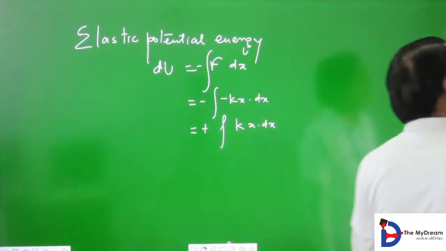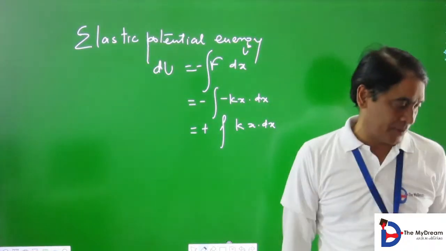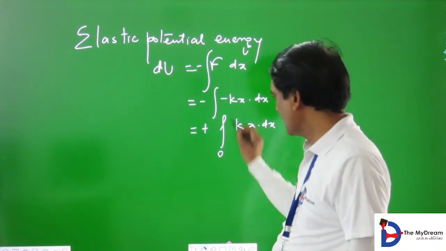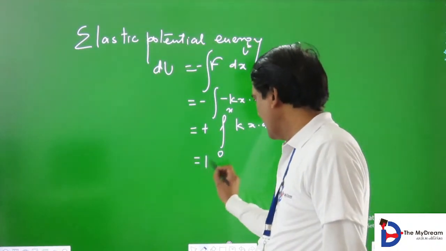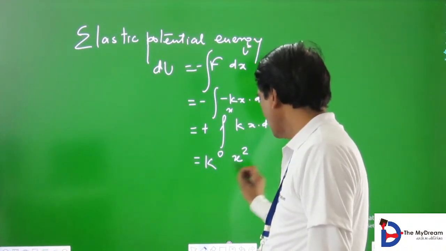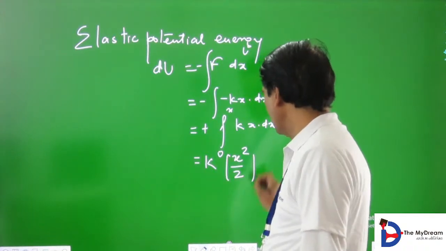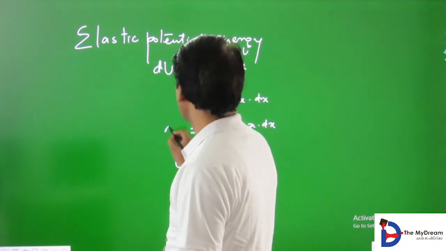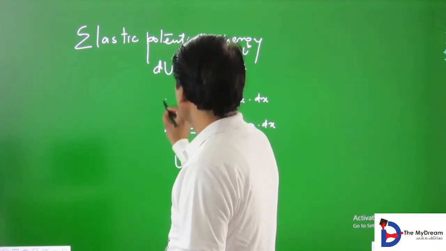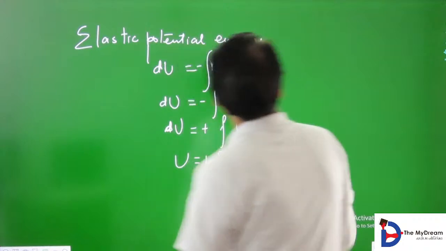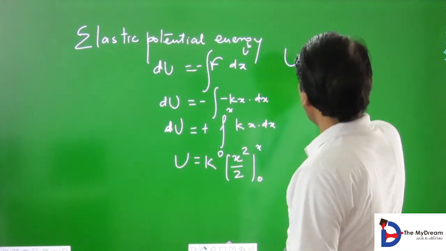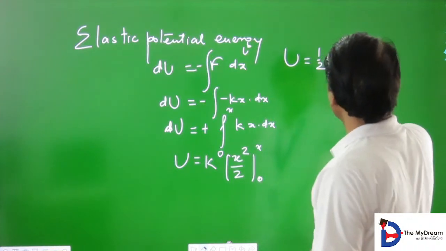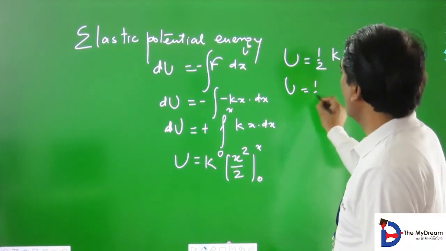The limit you can take from your side. This will become x square by 2, and that is half Kx square minus 0. What it will become: half Kx square.